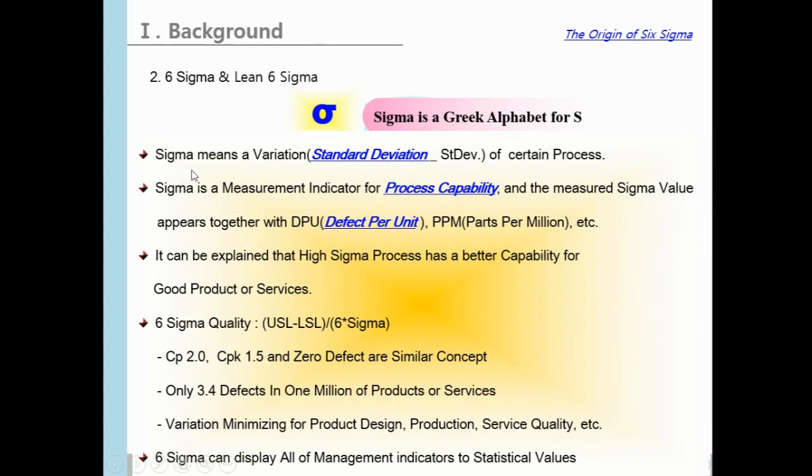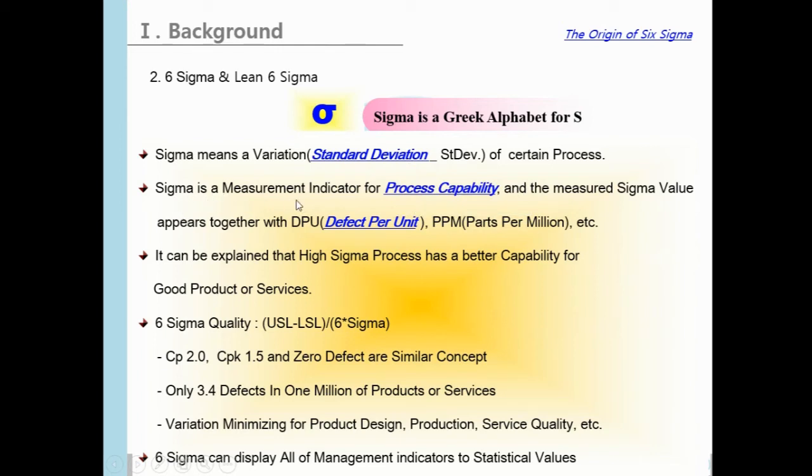Sigma means a variation, standard deviation of a certain process. In Six Sigma, the Sigma is a Greek alphabet for S. We call this Sigma, and Sigma means variation, standard deviation.